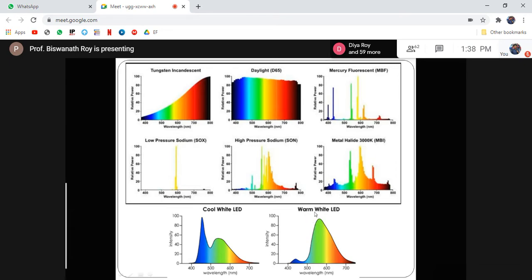The term warm white comes because of the fact that the significant amount of emission lies in the yellow red region. So the color is actually yellow. And we know that the color of fire is yellow. That's why it is named warm white, right? Well, here the blue portion is more, so the color appearance is bluish white.